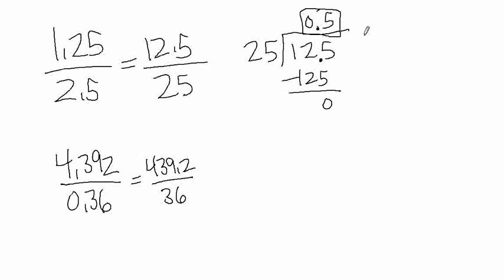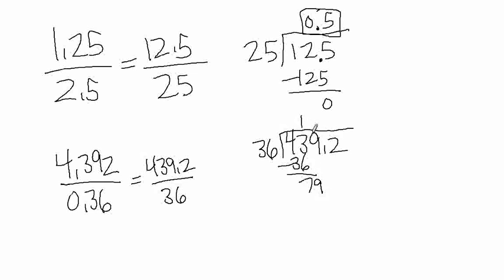Let me use this same method to do the second example. I'm going to write 439.2, but I'm going to act as if I'm dividing 4,392 by 36. So let's see, first I put a 1, then subtract 36, and that gives a 7.